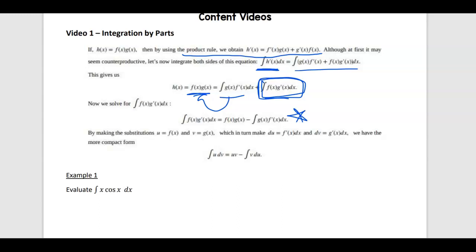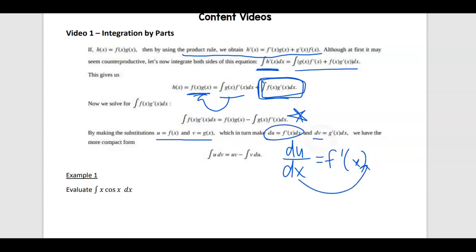So most of the time we let f of x be u and g of x be v, which is kind of like a u sub in a way. So you'll say, let u be this function, let v be this function, which means if we take the derivative of u with respect to x, then that would be f prime, and you can notice how we write that notation with bringing the dx over here.